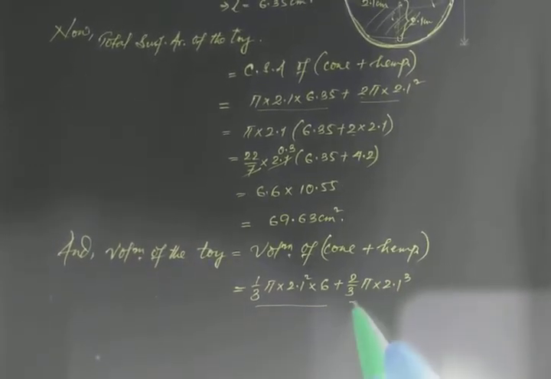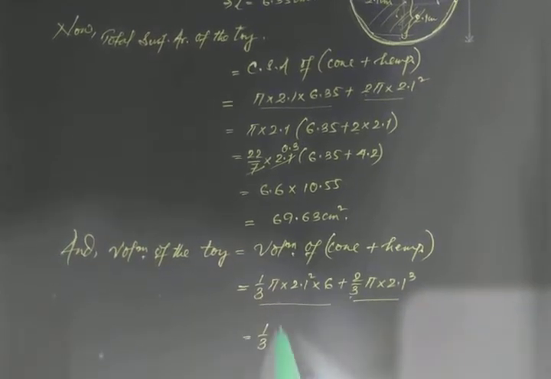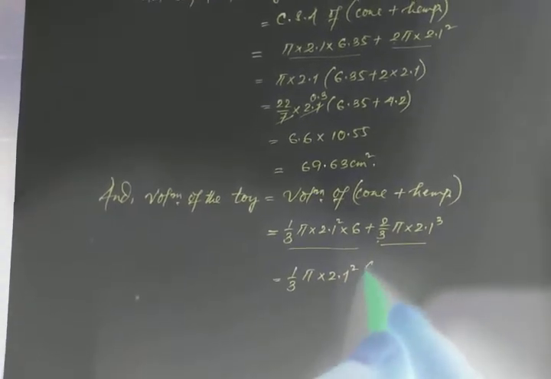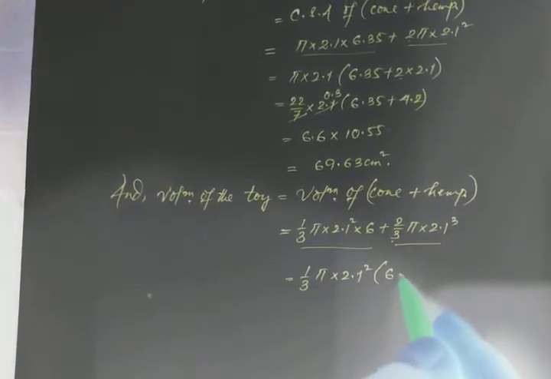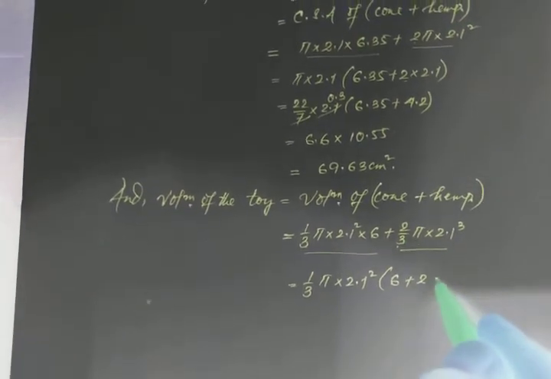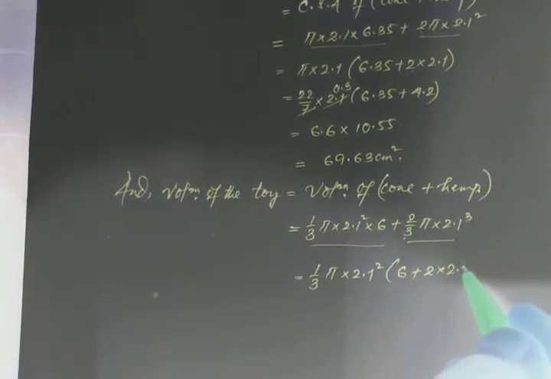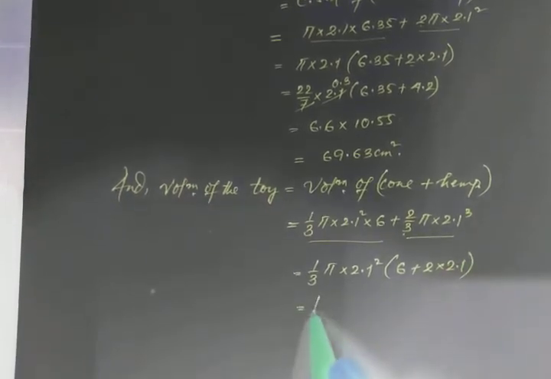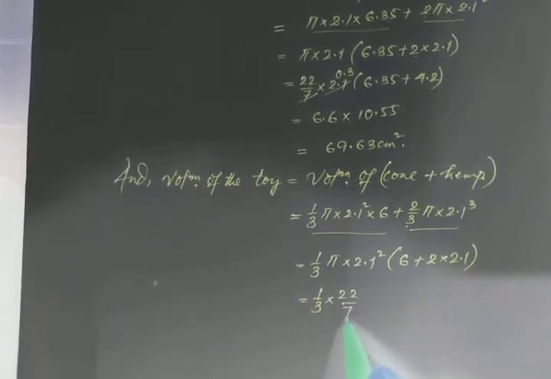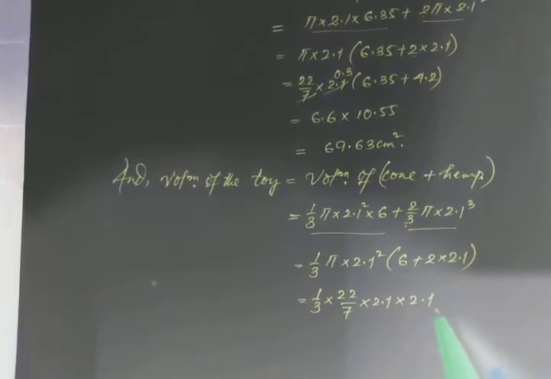Once again, let's take common between these two. 1 by 3 will be common, pi as well, again 2.1 square. So we are left with 6, and here 2 in the numerator remains, and since 2.1 square is taken common, 2.1 remains. 1 by 3, putting the value of pi, 22 by 7, 2.1, 2.1.